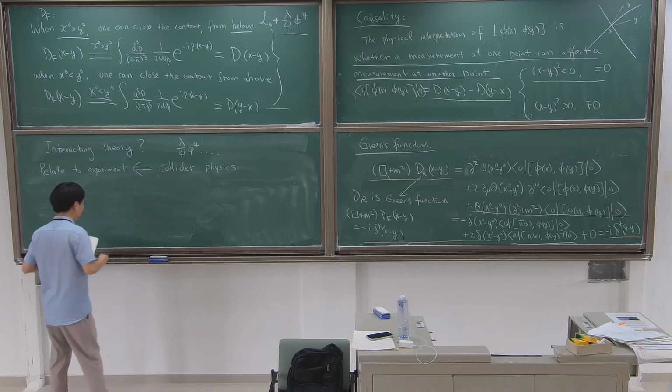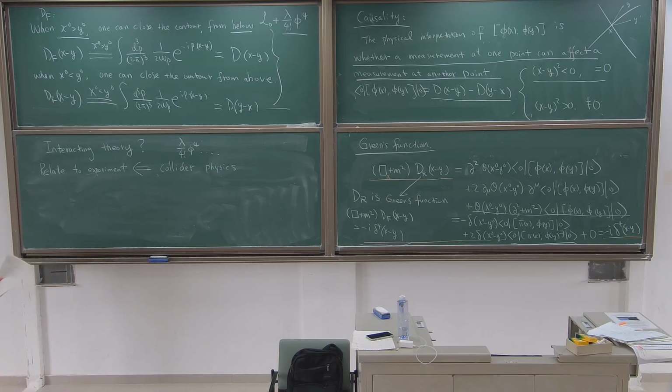We ask, from the experimental point of view, if the physical system or the physical process is fundamentally related to an interacting theory, what can we observe?